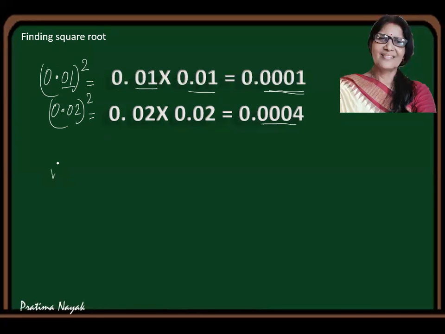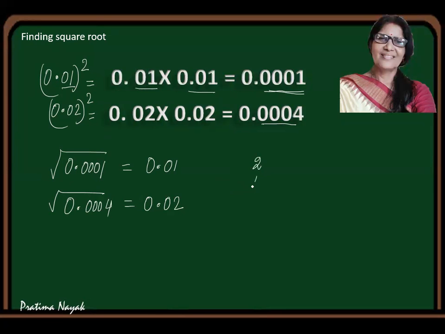That means when a number has 4 digits after the decimal, its square root has 2 digits after the decimal. Square root of 0.0004 is equal to 0.02.